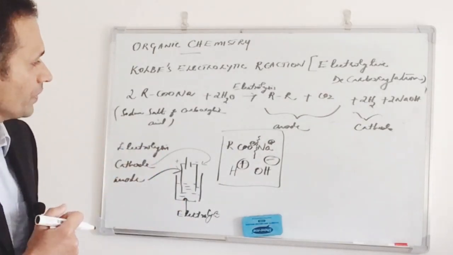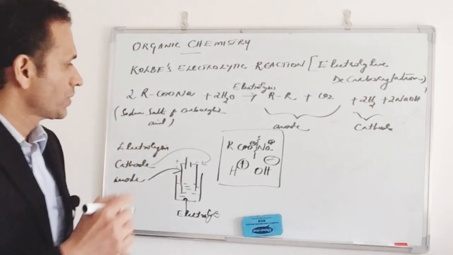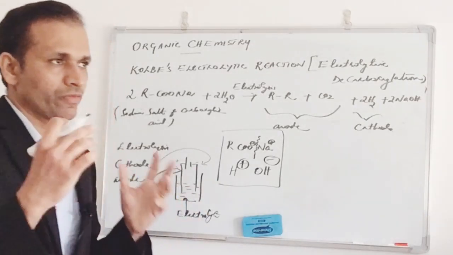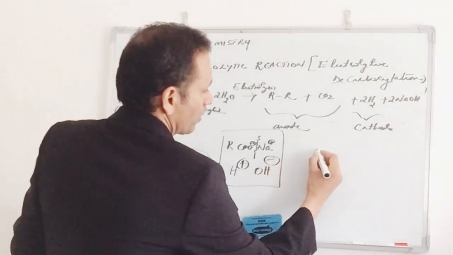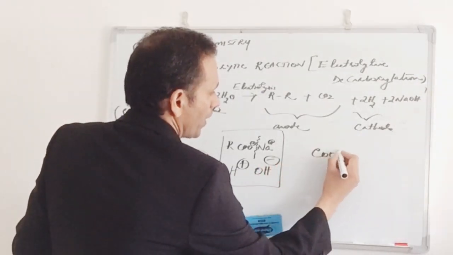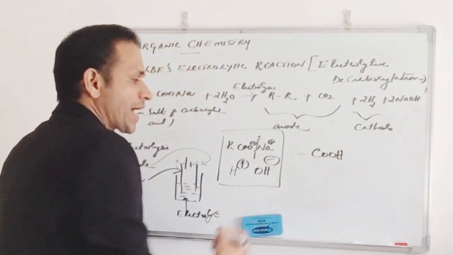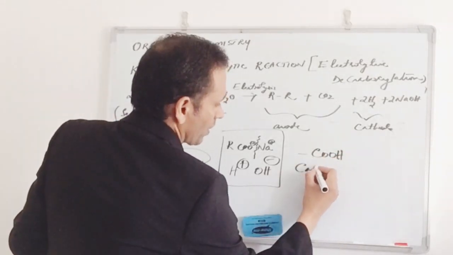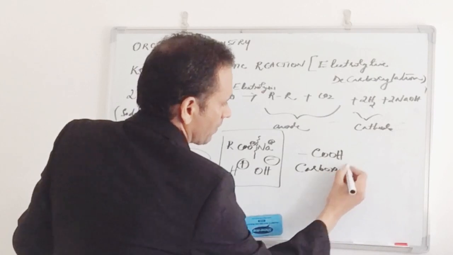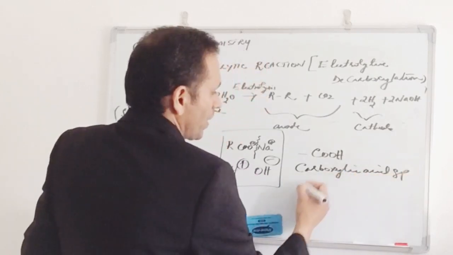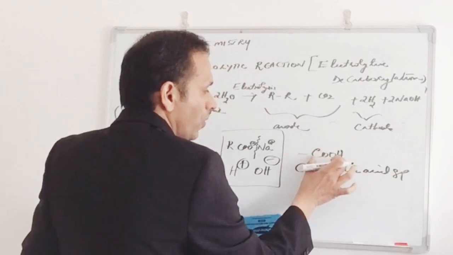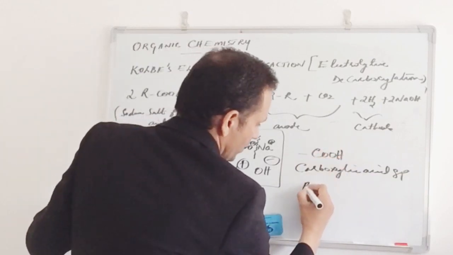I would like to refresh you about this group. What is this group? COOH is called the carboxylic acid group. Any compound containing a COOH group is called a carboxylic acid.